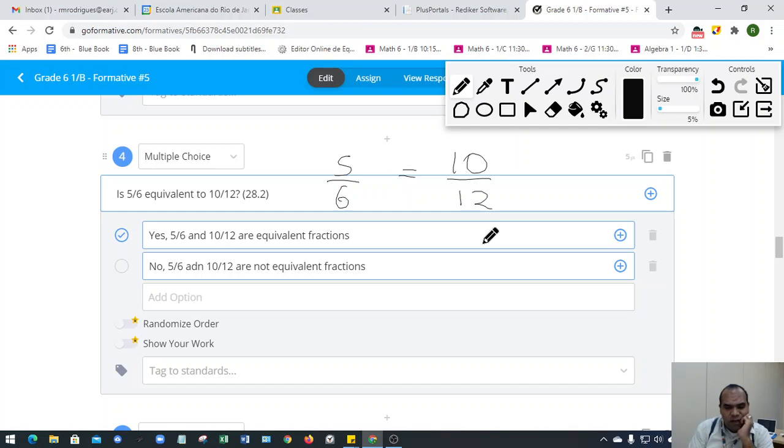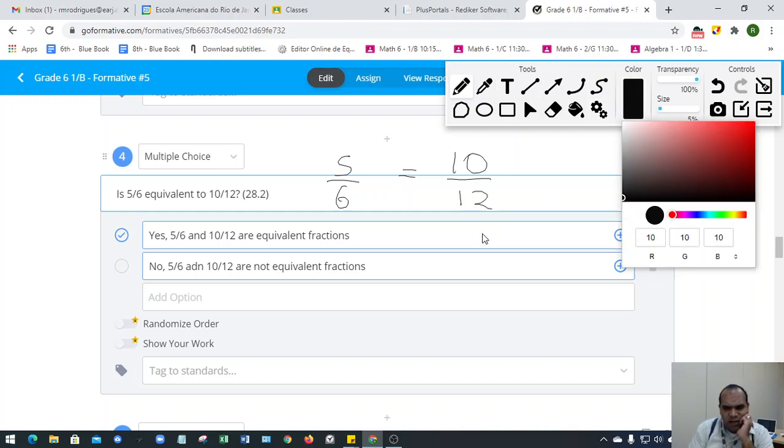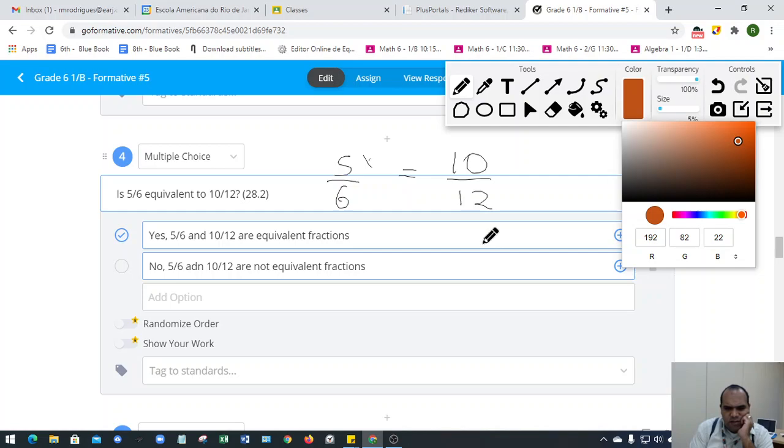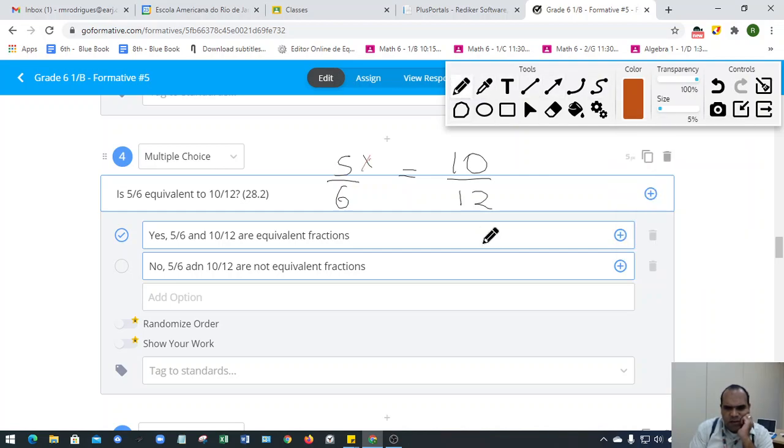If I multiply times 2, I'll change the color again. Here, let's go a little bit in orange. Great. If I multiply this number here times 2, and times 2 here. 5 times 2, 10.